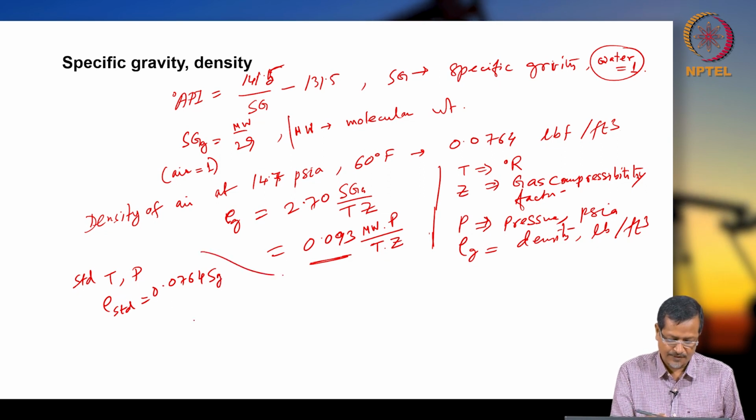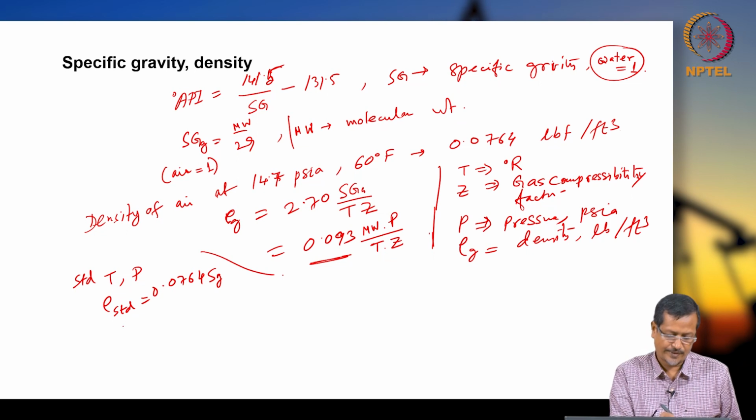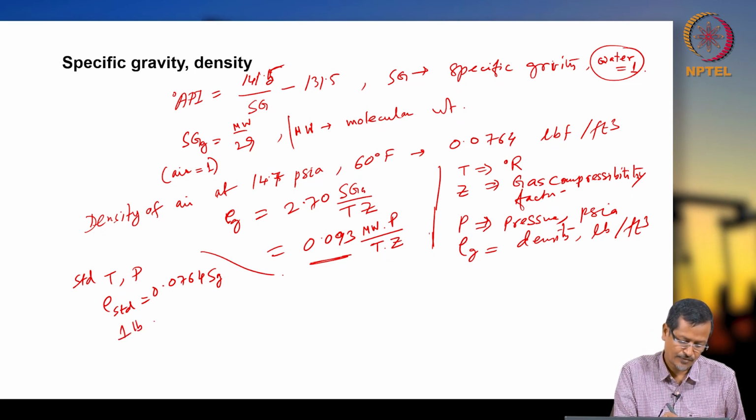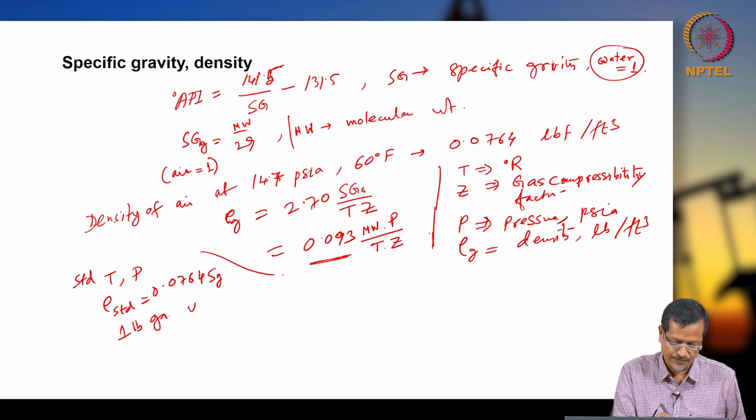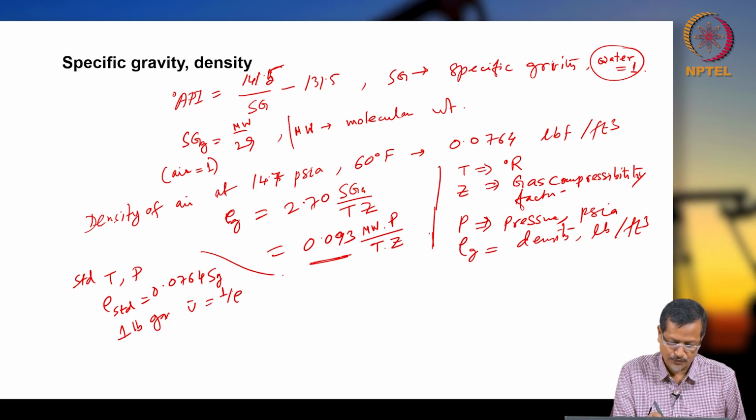If we take 1 pound of gas, then V equals 1 by rho.